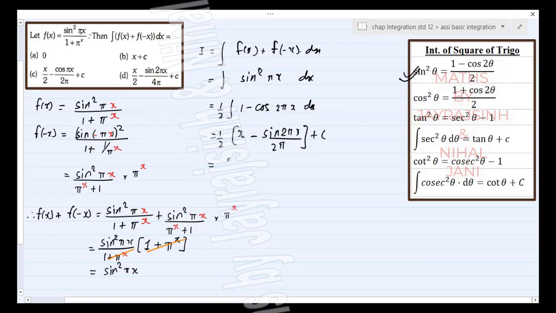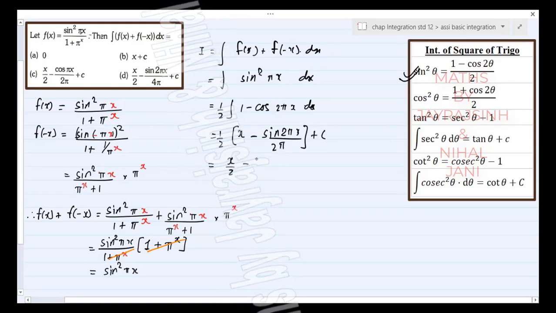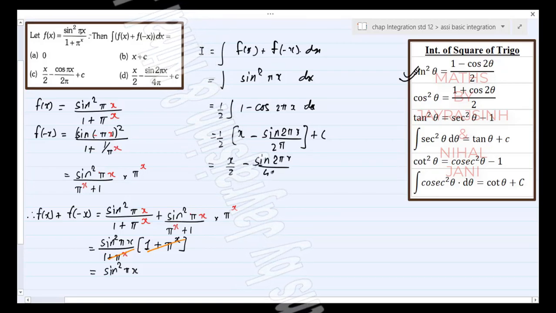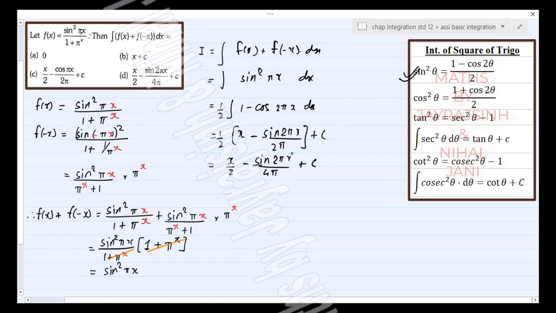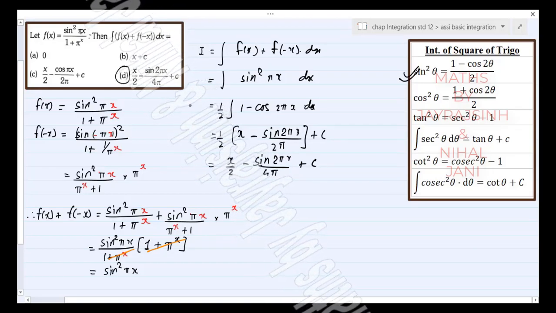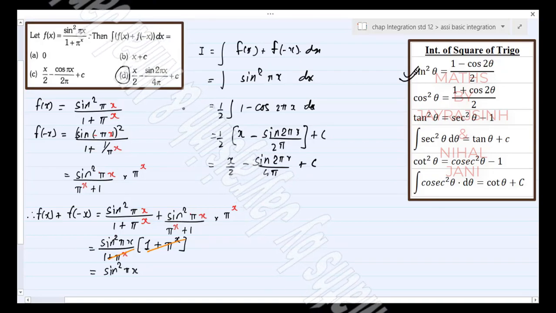In further simplification, we will get x by 2 minus sin 2 pi x upon 4 pi plus c as your final answer, which is given in option D. Ta-da!